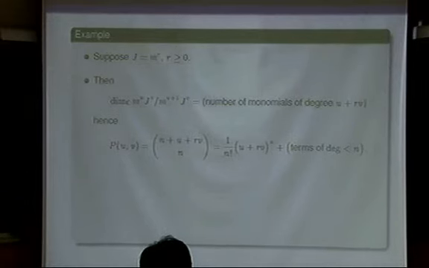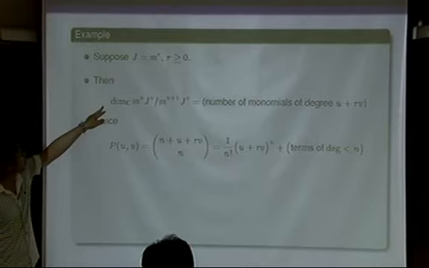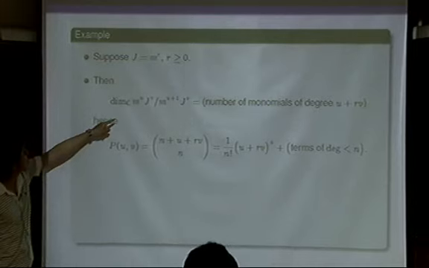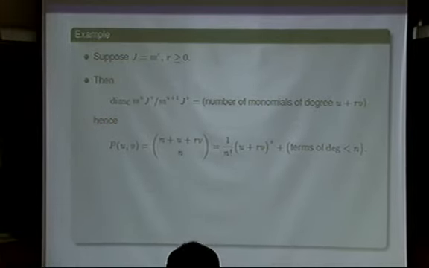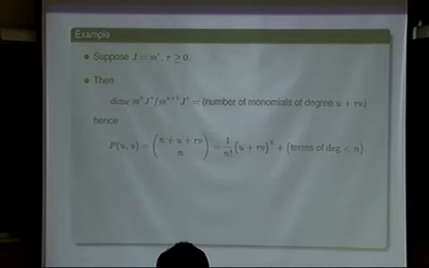Here's an example. Suppose our ideal J is a power of the maximal ideal m. Then we are interested in the growth of this vector space. But in this case, since J consists of all the monomials of degree r, we can easily conclude that this vector space dimension is simply the number of monomials of degree u plus rv.